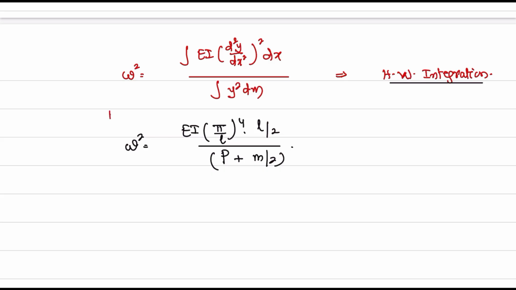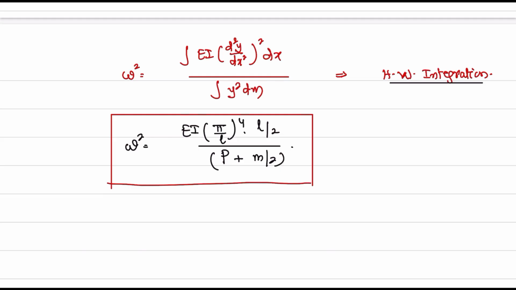Now, as in the previous class, let us discuss the three cases. This is the first case, when P and M are present. P is external load, M is the self weight.